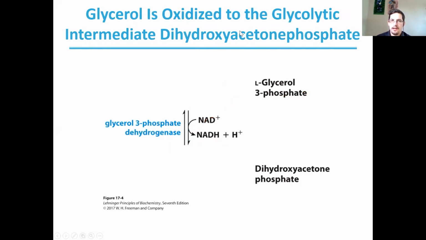Now we're going to take our phosphorylated glycerol. And of course, one thing you should notice with glycerol is we have a 3-carbon molecule. We already, of course, attached our phosphate.